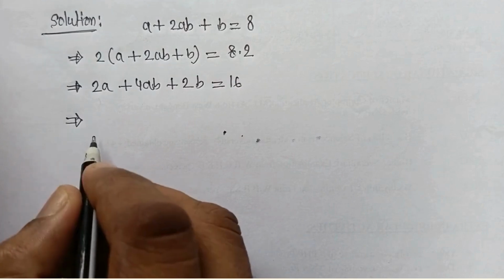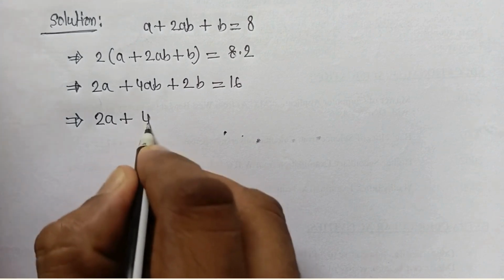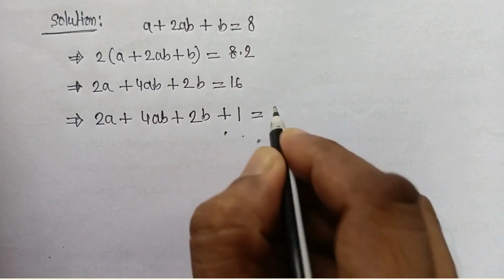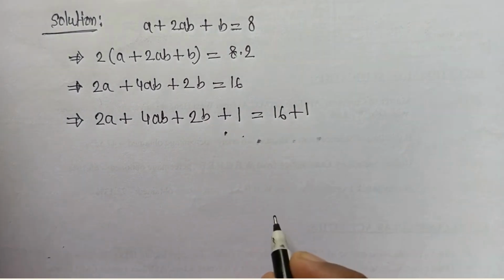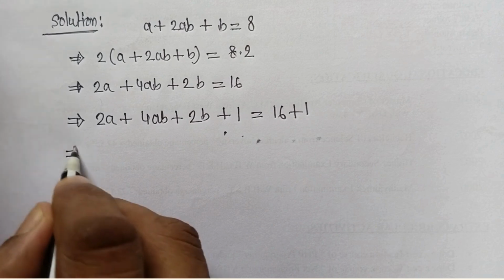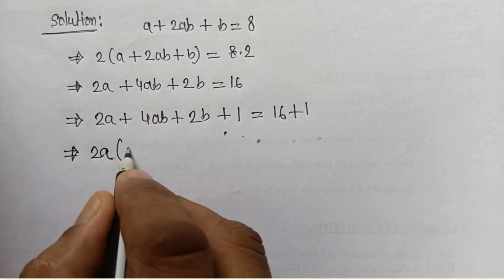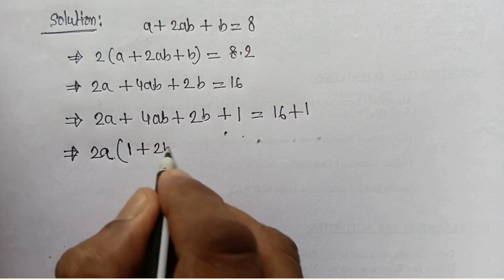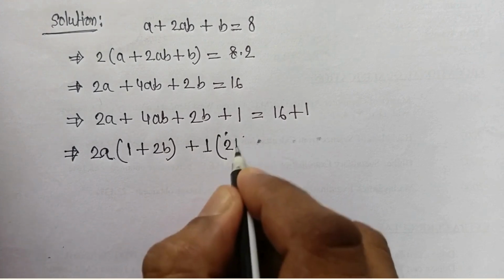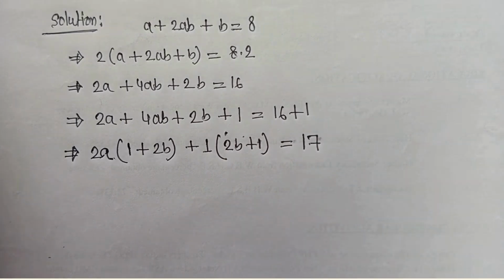Now we add 1 to both sides, like this: 16 + 1. Here, taking 2a common, we get 2a(1 + 2b), and taking 1 common, that will be 2b + 1, and the equation equals 17.